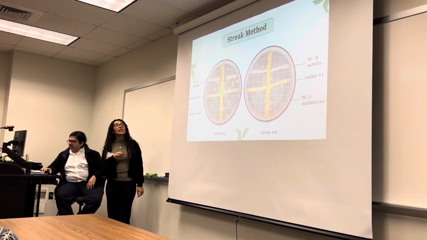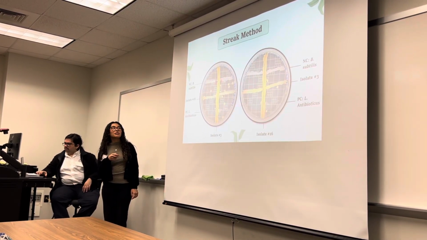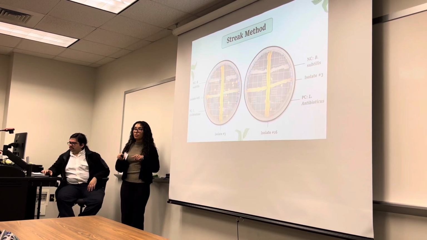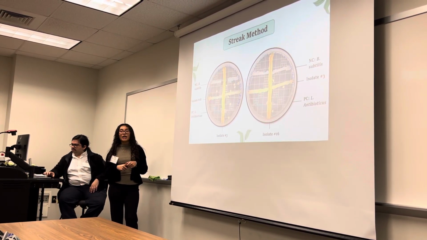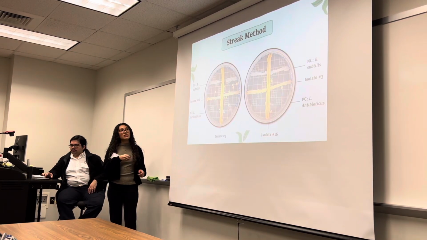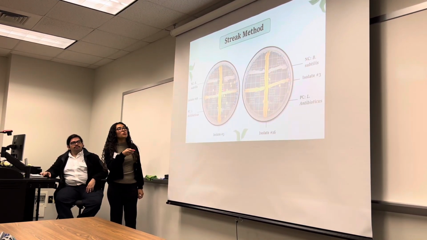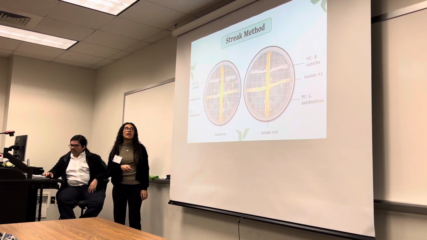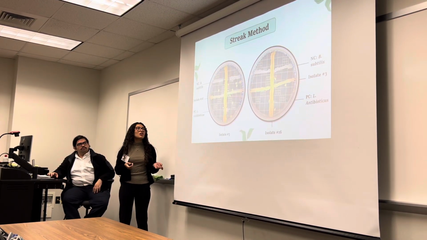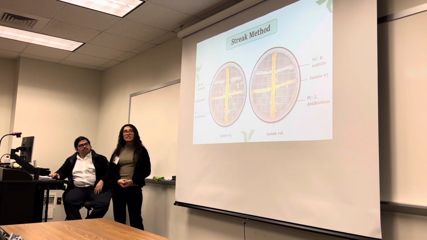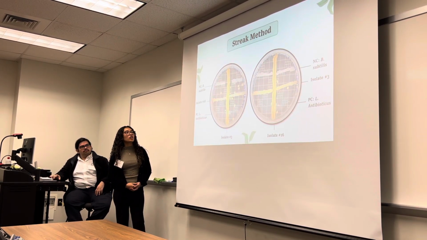As you can see right here, it is showing proof of antibiosis. You can see the barrier that's forming against the B. subtilis from isolate number 3, but you don't see that happening with the 2 antibiotic producing isolates, and you can see that they're just going right through each other. Since it is not inhibiting any type of growth, that is the type of interaction that they are showing.